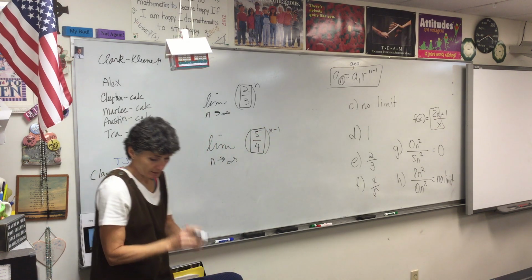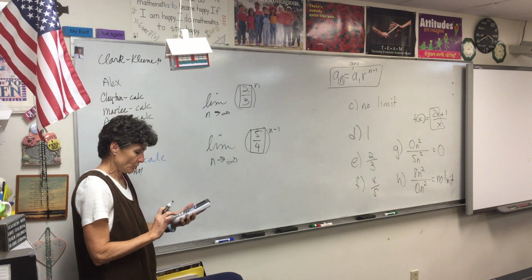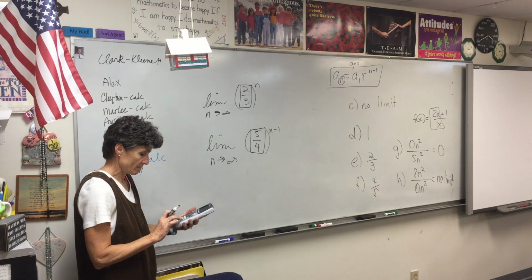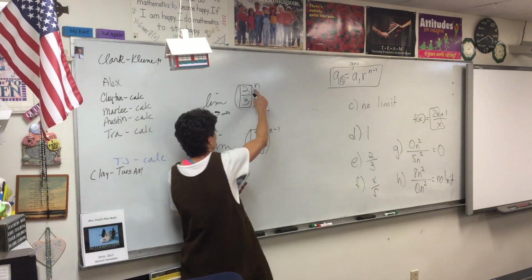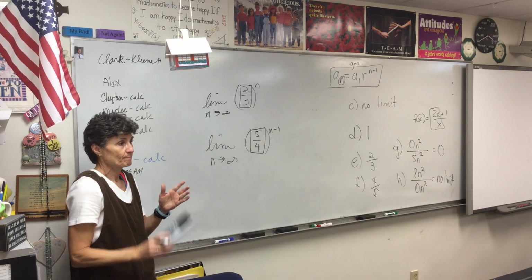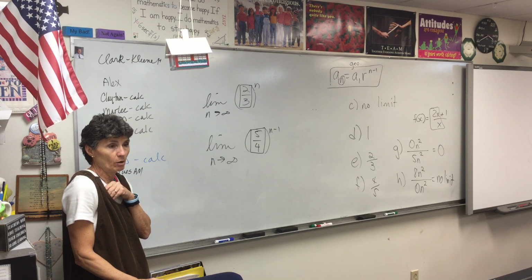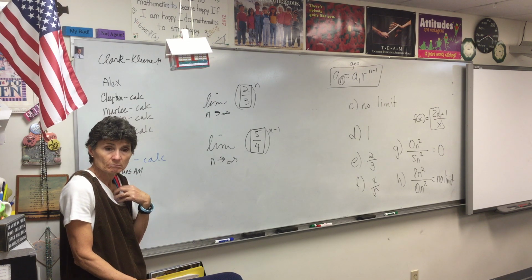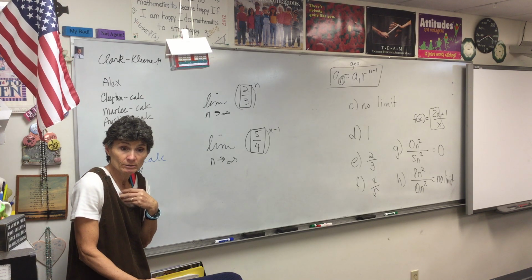If you have a calculator, just start multiplying 2/3 times 2/3 times 2/3. Keep multiplying by 2/3 more and more times, and tell me what happens. What is happening to the number as you keep multiplying by 2/3? It's getting smaller.